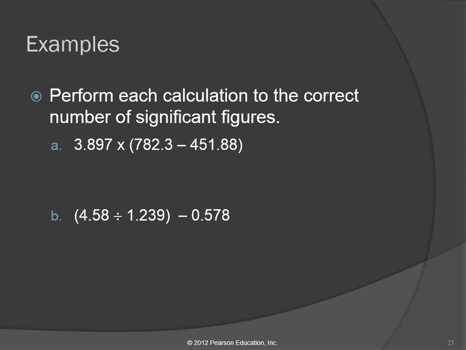So 782.3 minus 451.88 equals, times 3.897 equals. And the calculator says 1287.64674.